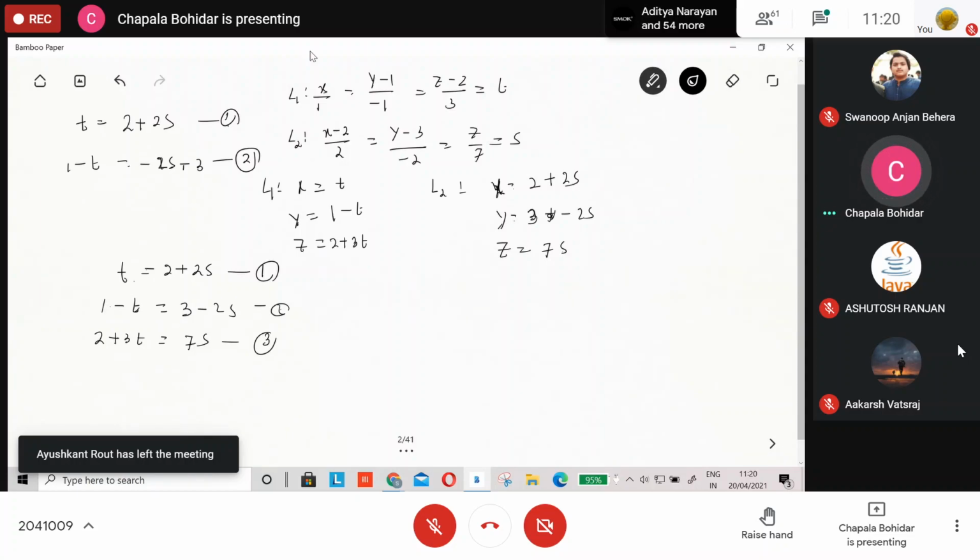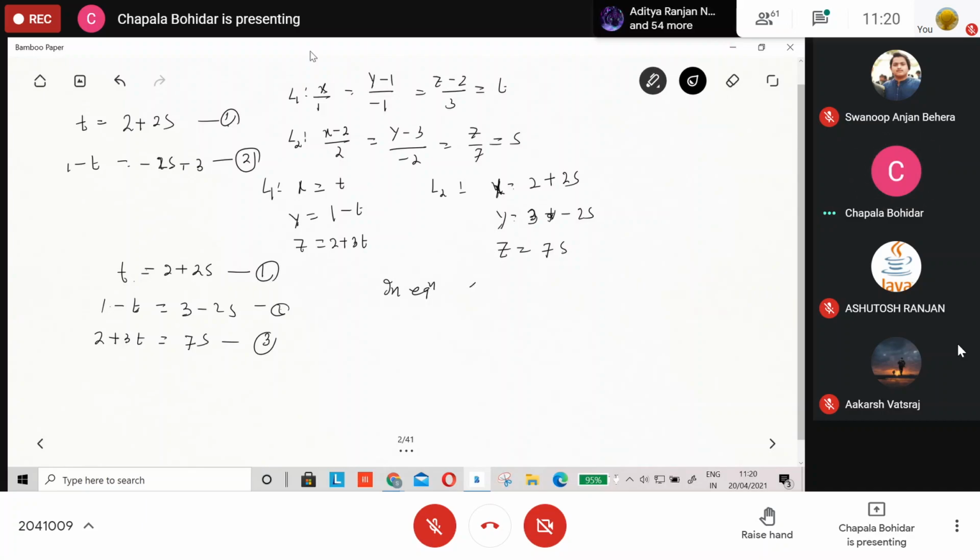In equation 1, t is equal to 2 plus 2s. In equation 2, t is equal to 2s minus 2.